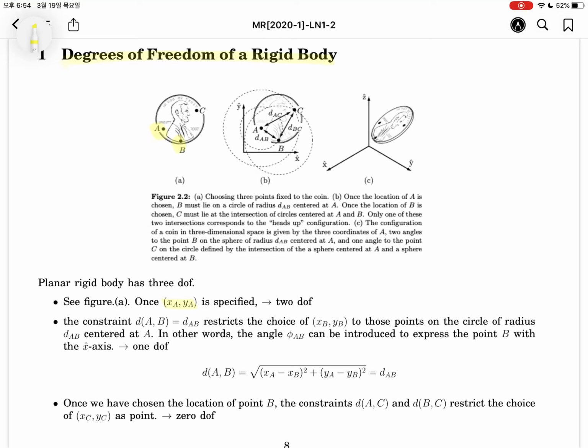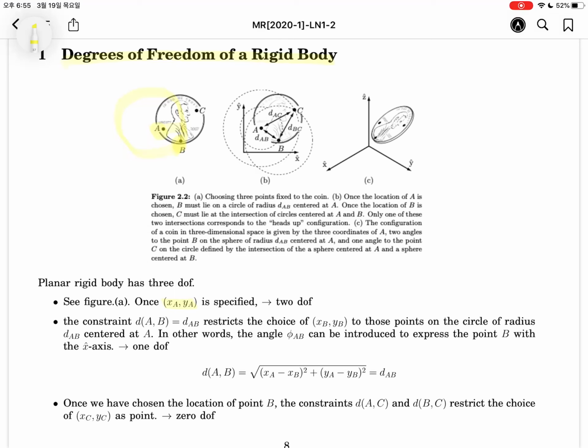And then let's specify one more point, B. Maybe the B point is obtained by using some circle about the point A. So the distance or radius will be the same at any point, and in order to specify the point B, the angle theta will be required.